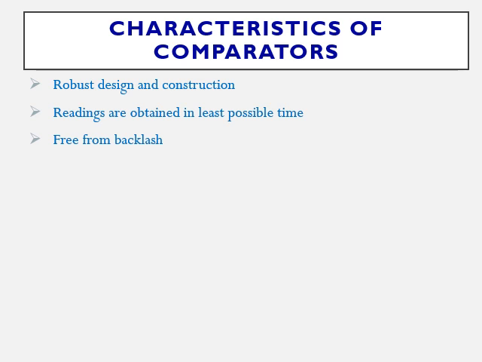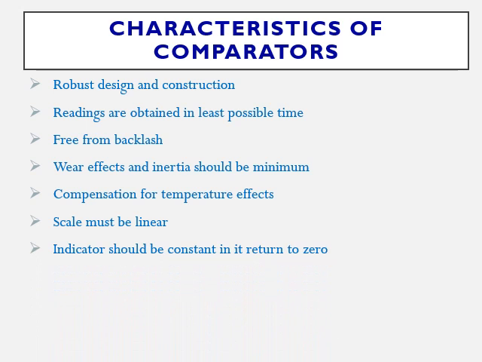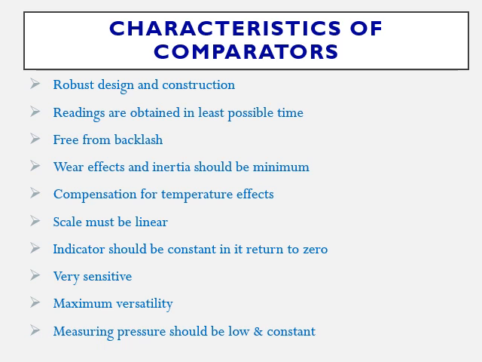They should be free from backlash errors. The wear effects and inertia should be very minimum. Compensation for temperature effects needs to be done. The scale must be linear. The indicator should be constant in its return to zero. It should be very sensitive, it should possess maximum versatility, and the measuring pressure should be low and constant. These are the important characteristics of comparators.